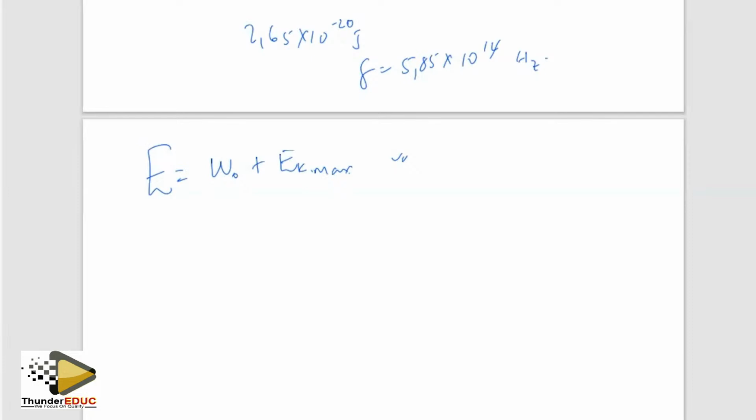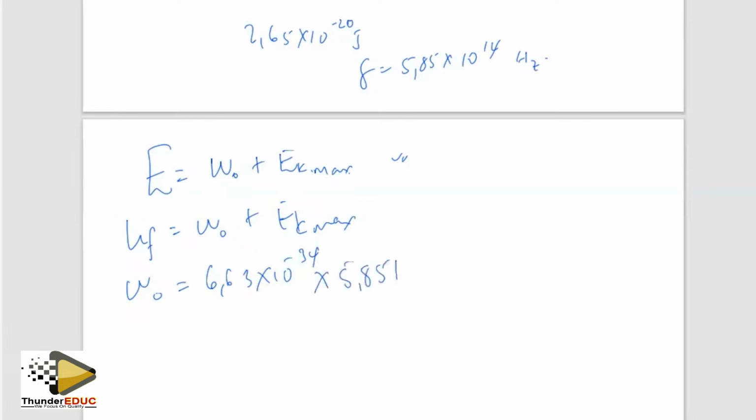So what this is going to give me is that my hf is equal to the work function plus my EK max, which means my work function should be, I'll move that side, so I'll subtract. So 6,63 times 10 to the negative 34, that is Planck's constant, multiplied by the frequency, which is 5,85 times 10 to the 14. Now I'm subtracting the energy, which is 2,65 times 10 to the negative 20.